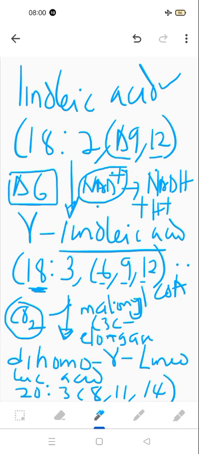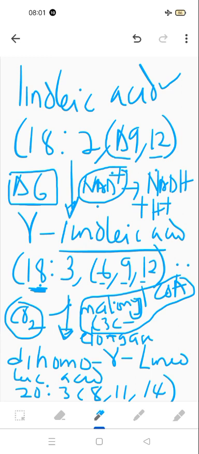Afterwards, there's going to be incorporation of 2 carbon to the 18 carbon. 2 plus 18 gives 20, to give a 20 carbon compound, which is our dihomogamma linoleic acid. Now, the organic compound that is introducing these 2 carbon is malonyl CoA, a 3 carbon organic compound bearing coenzyme A with it.